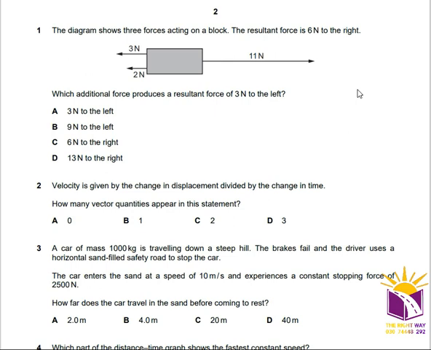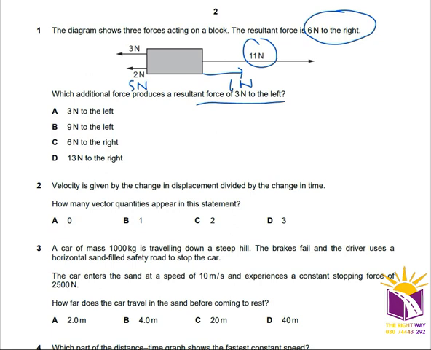So we know that we have a resultant force of 6 Newton on the right because a 5 Newton force is acting on the left side, and 11 Newton is on the right side, so the right side will be 6 Newton. The resultant force is 6 Newton, which is given in the question. Now we have to produce a resultant of 3 Newton to the left.